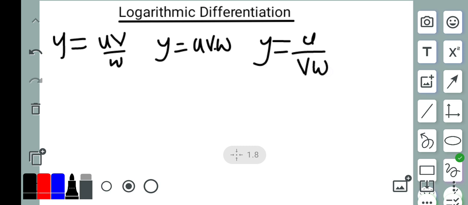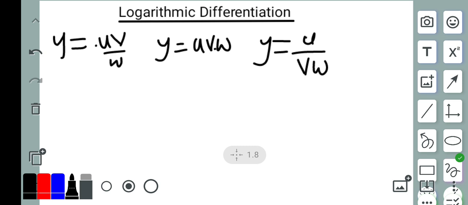So basically, logarithmic differentiation is usually applied when you have three or more functions joined together through product, quotient, or both, for example a product and one quotient. When u is a function of x, v is a function of x, and w is a function of x, and you want to differentiate, how do you do it?